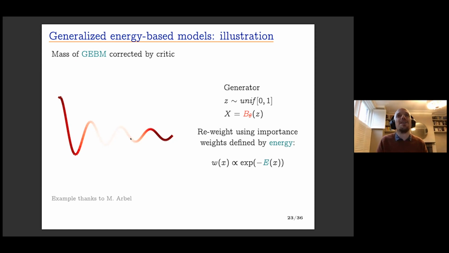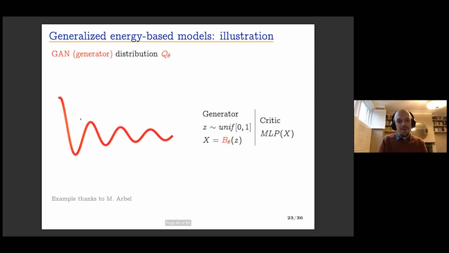Right, so basically the GAN model is not going to be blurry because it's able to place low dimensional support in a high dimensional space. But what it might do, and where we're going to use the energy, is this: let's say that the critic function contains information that tells us that the GAN and the target still don't quite match.